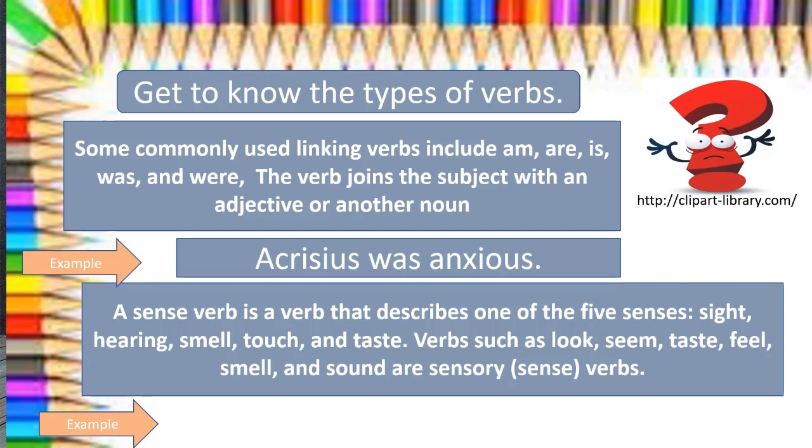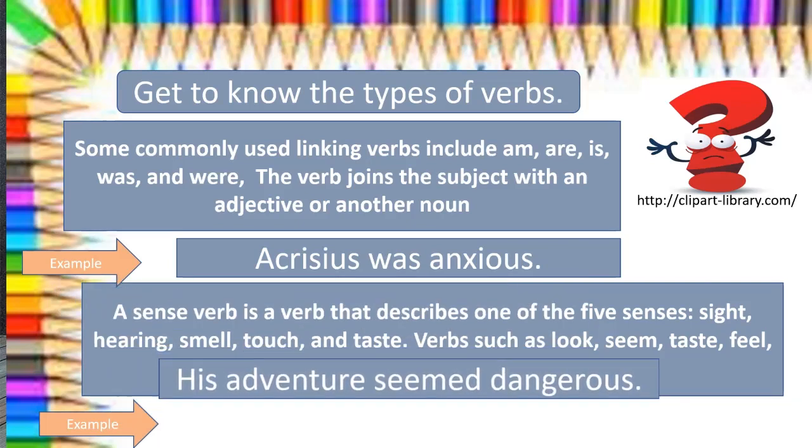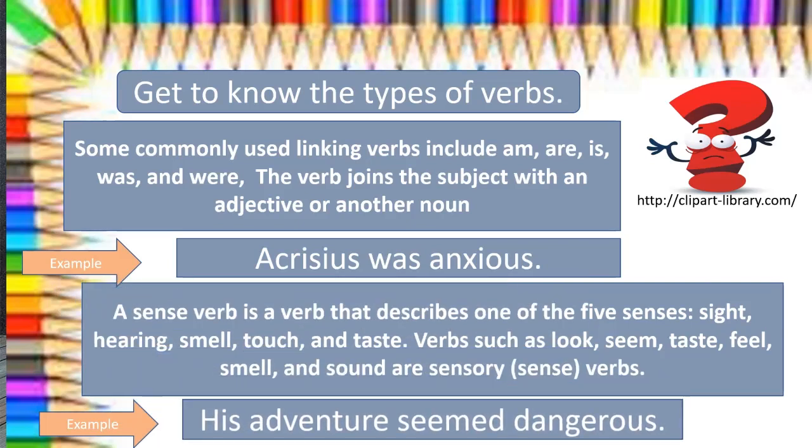A sense verb is a verb that describes one of the 5 senses: sight, hearing, smell, touch, and taste. Verbs such as look, seem, taste, feel, smell, and sound are sensory verbs. For example, his adventure seemed dangerous.